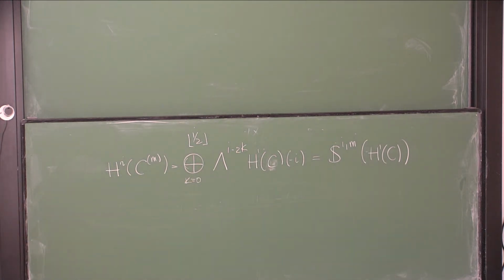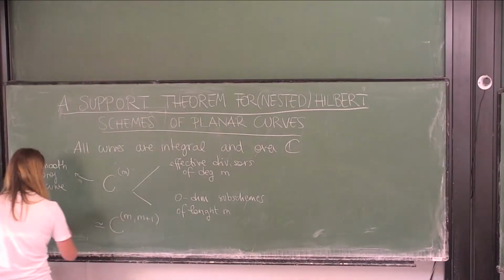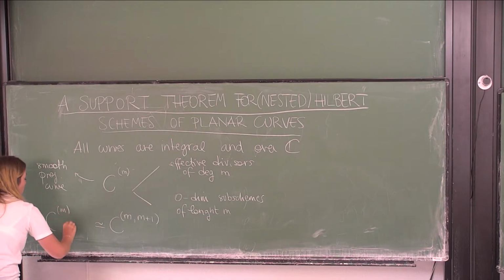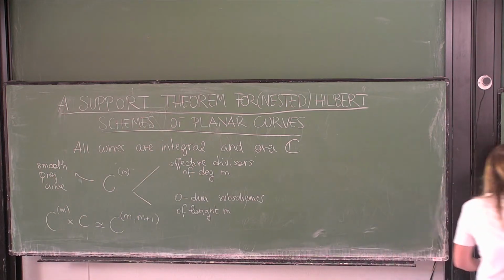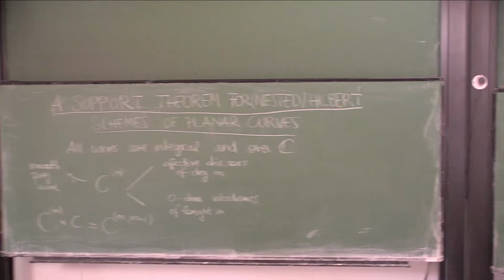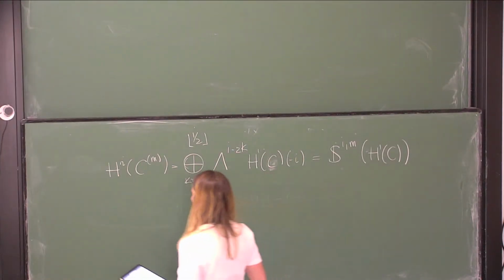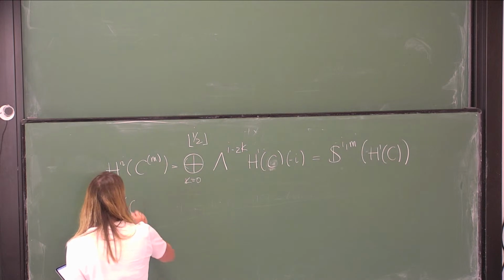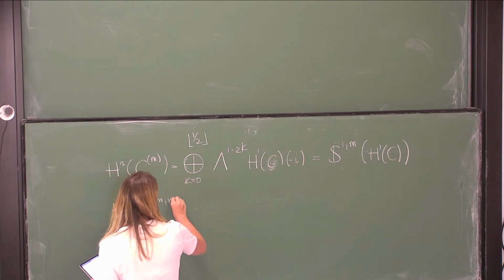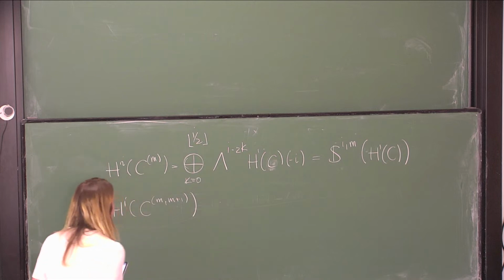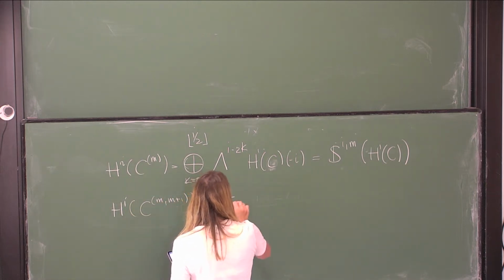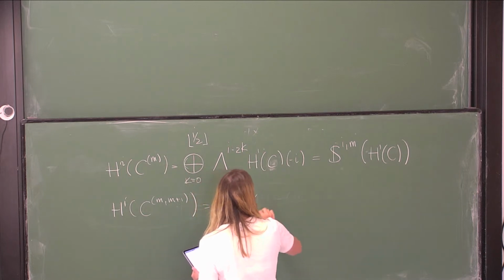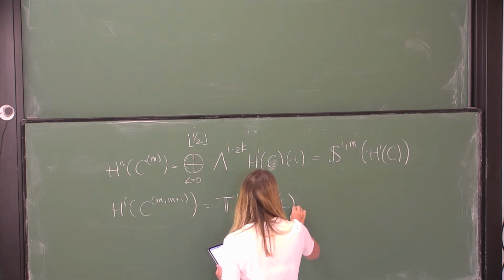Similarly, if we want to consider the nested object, this is isomorphic to the product of the symmetric product times C. So again, it's sufficient to compose our linear algebra operation S with the Künneth formula, and we get that the ith homology group of C^[n,n+1] is equal to a linear algebra operation that I call T of H1(C).